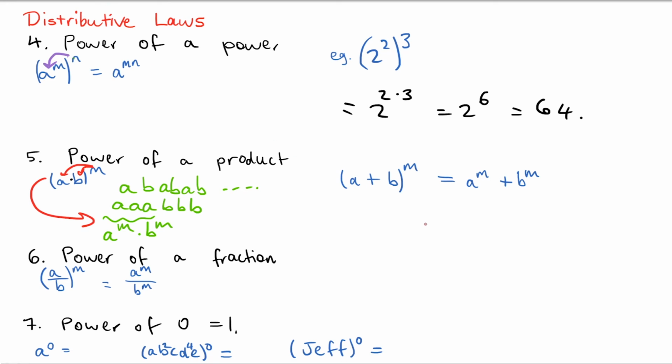Now if we come over here on the right hand side, we've got a plus b raised to the power of m. And I'm going to put a big cross through this equals sign because this is not the same as a to the m plus b to the m. This only works if the sign inside your brackets is a multiplication.